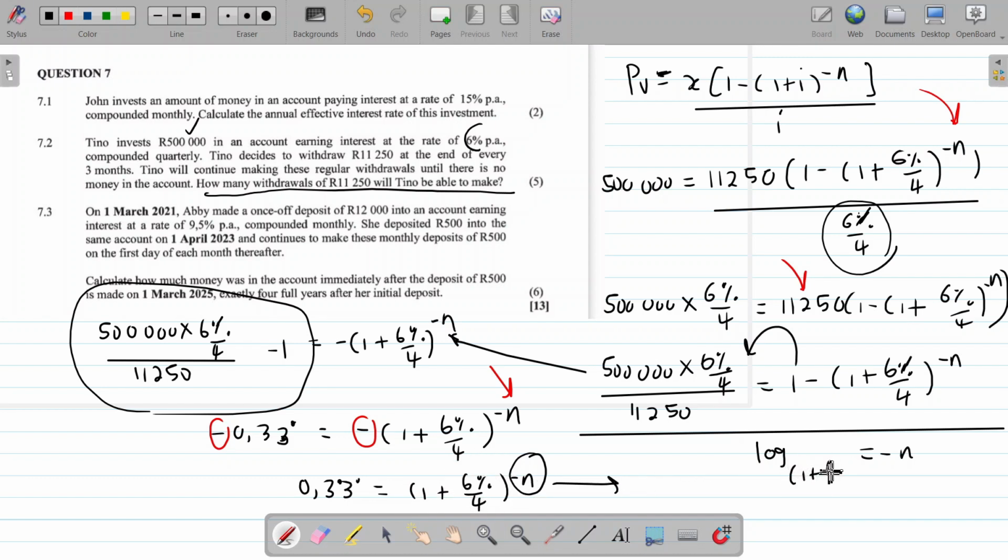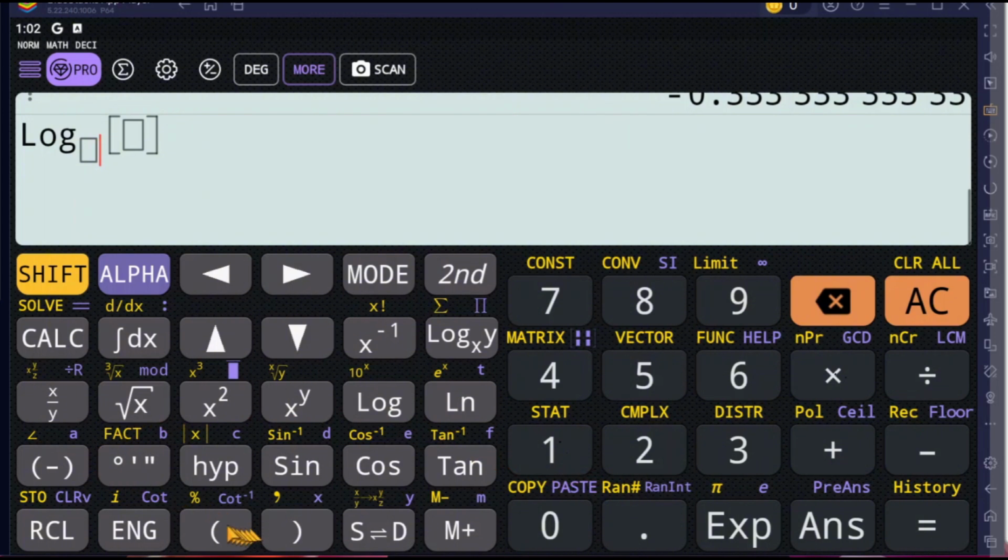And then this, which was the subject of the formula, is now going to be the exponent of the log, 0.33 recurring. Then I'm going to go over on my calculator. That is the log of 1 plus 6% over 4, all raised to the power of 0.33.